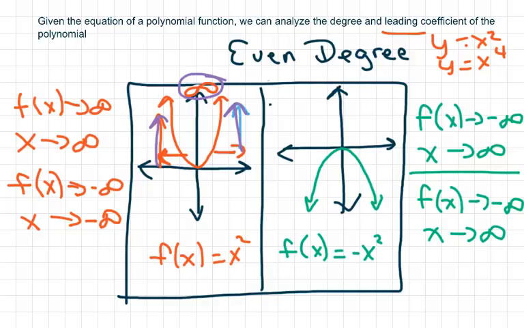All this means is that when x is approaching infinity, we're looking at the tail end, going to positive infinity, then y is going down to negative infinity here. And as x approaches negative infinity, over here, then y is also approaching negative infinity. This happens for all even degree polynomials. If you just know your even degrees, they're all the same. The only other thing you need to know is the odds, which are next.